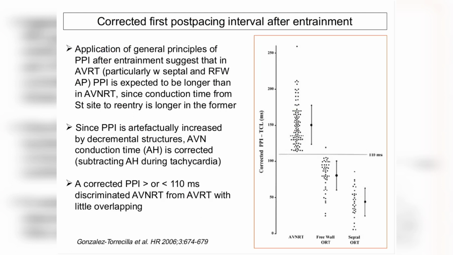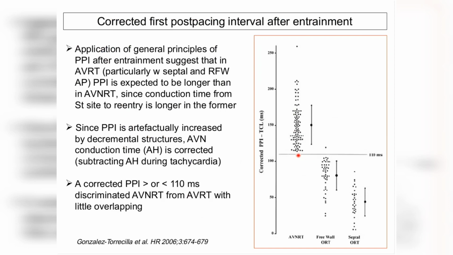The ventricular pacing site is closer to the circuit. So usually the post-pacing interval is expected to be shorter as compared to the situation in AVNRT when the post-pacing interval is longer than 110 milliseconds in most of the cases.